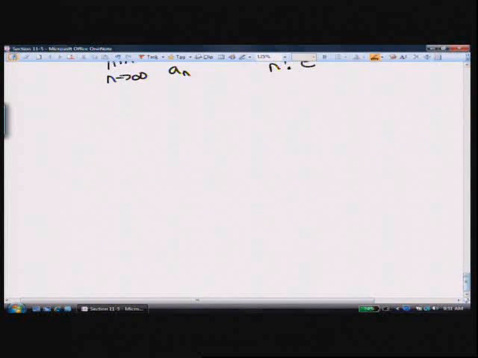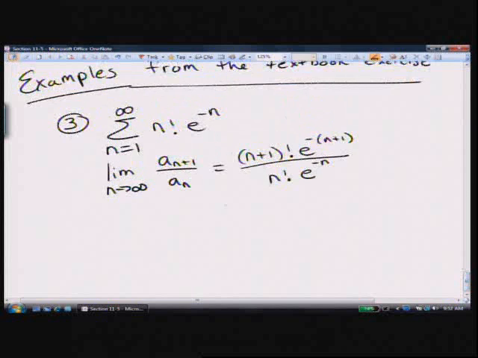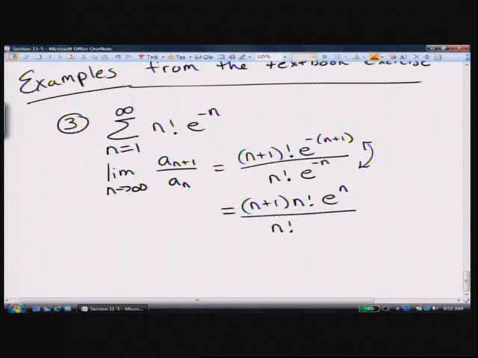Okay. Why does this thing have a brain of its own? Okay. So you could write this as n plus 1 times n factorial. Does that make sense? And then actually I can flip these guys because they're negative, and that means they want to move to the other spot. So this is e to the n, and then I still have this n factorial, and this is e to the n plus 1. Everybody okay with that? Yeah. All right, so this cancels with this. And then what am I going to have?